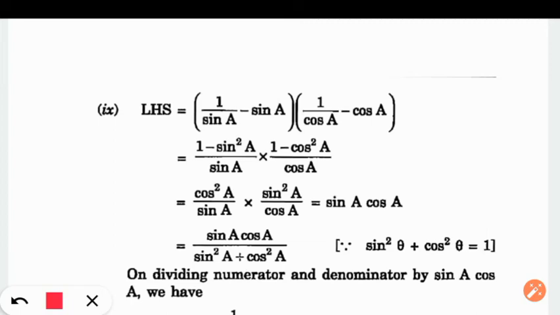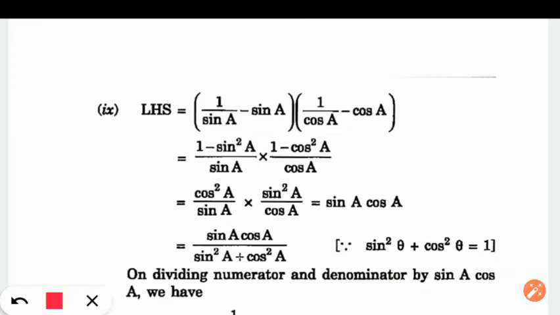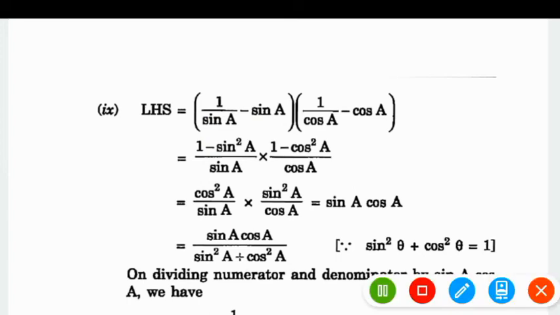See the LHS. After that I have taken the LCM. So 1 minus sin square A by sin A, 1 minus cos square A by cos A. 1 minus sin square A is what? Tell me. It is cos square A. Right? 1 minus cos square A is what?